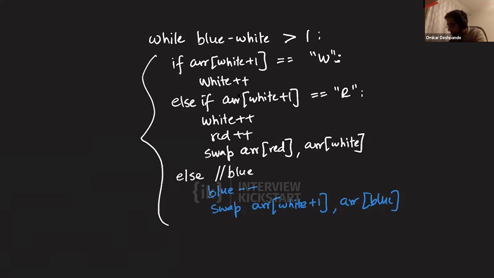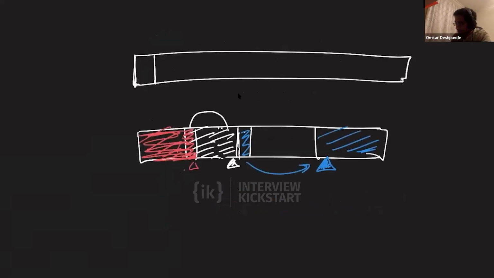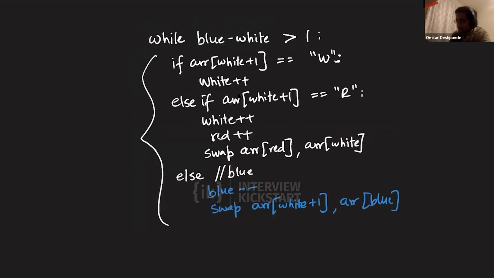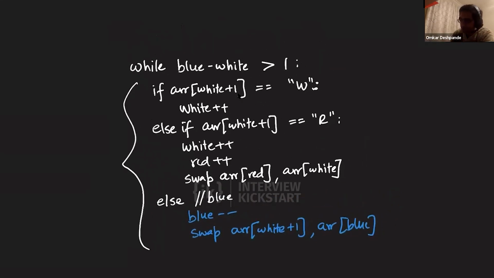So where do our pointers start out? When the entire rectangle is empty, these red and white pointers are sitting just outside the array on the left. So I would say red is at -1 and white is also at -1.